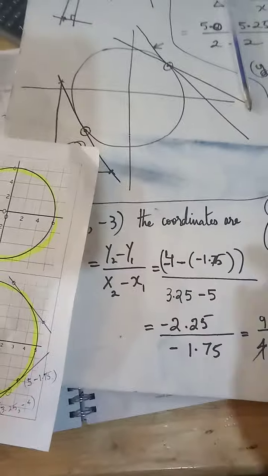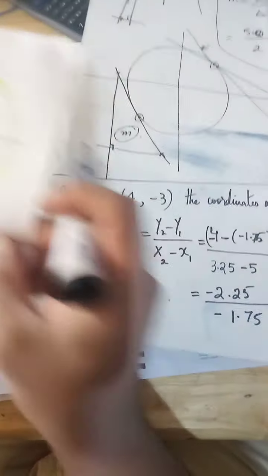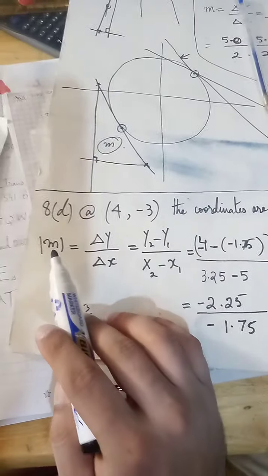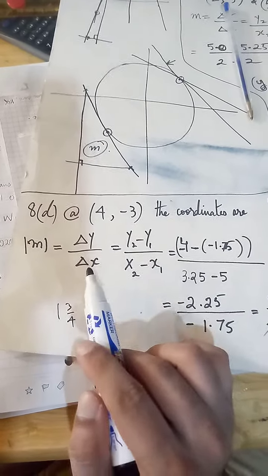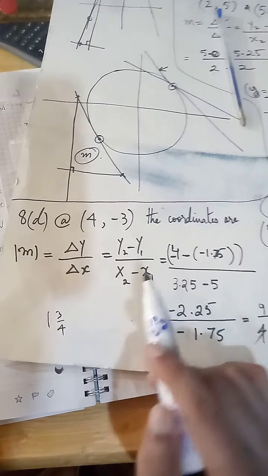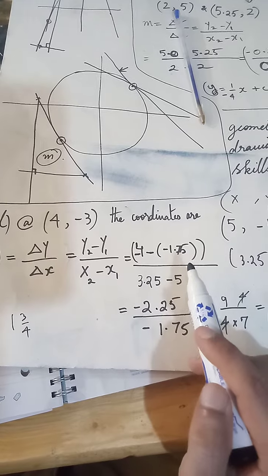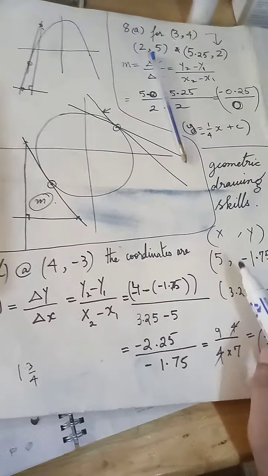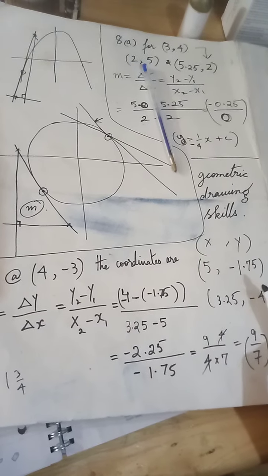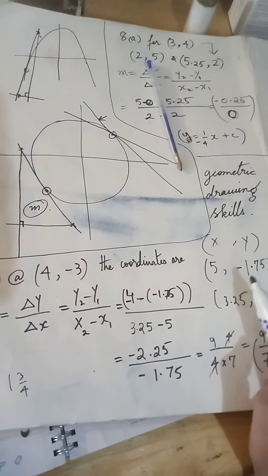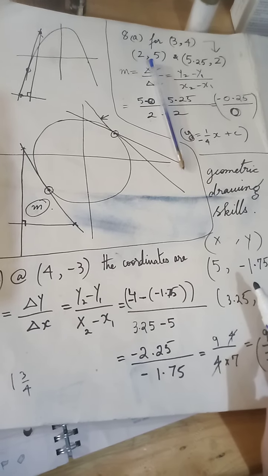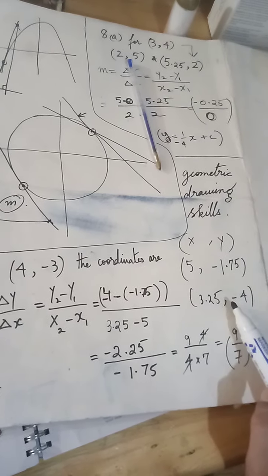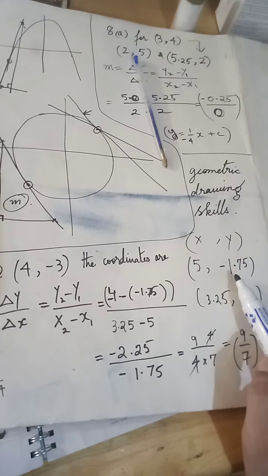Every single time when you're about to start the calculation, you have to start from this: m equals modulus delta y over delta x equals y2 minus y1 over x2 minus x1, and then you put in the coordinates. The second set of coordinates goes first, and the first set goes second.